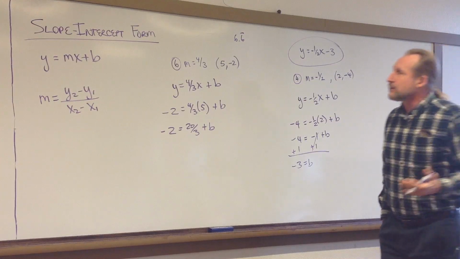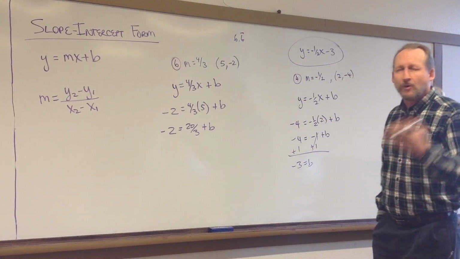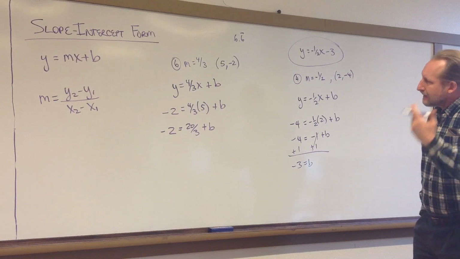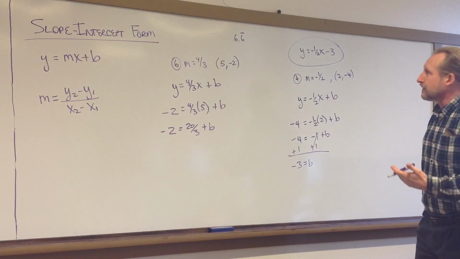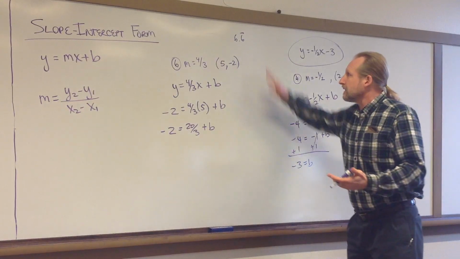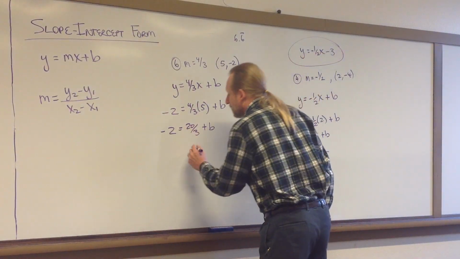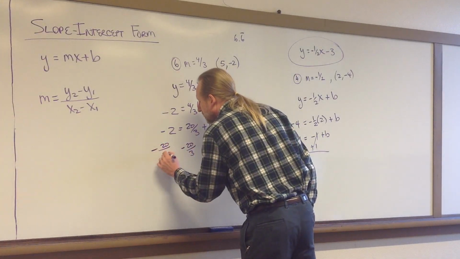And so it's important to remember that repeating part, okay? People have this habit of just wanting to round things off. There's no reason to do that, and I think that it's really helpful to understand the difference between a repeating decimal and a terminating decimal, okay? All right, in any event, we're going to subtract 20/3 from both sides.